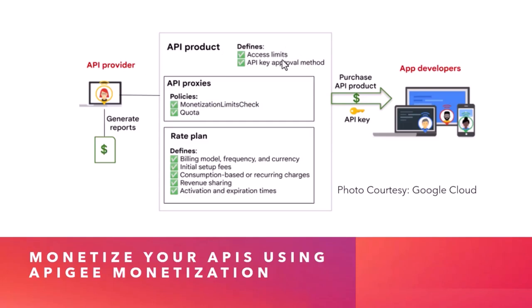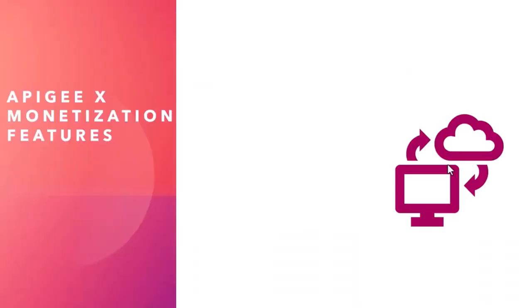It defines the access limits and API key approval method, and these are some proxies. And this is the rate plan: billing model, frequency and currency, initial setup fees, consumption based or recurring charges, revenue sharing, activation and expiration times, going finally to the app developers, which is a Google Cloud photo.